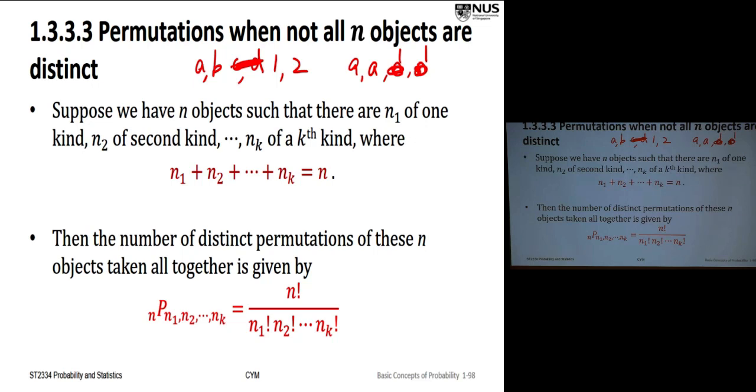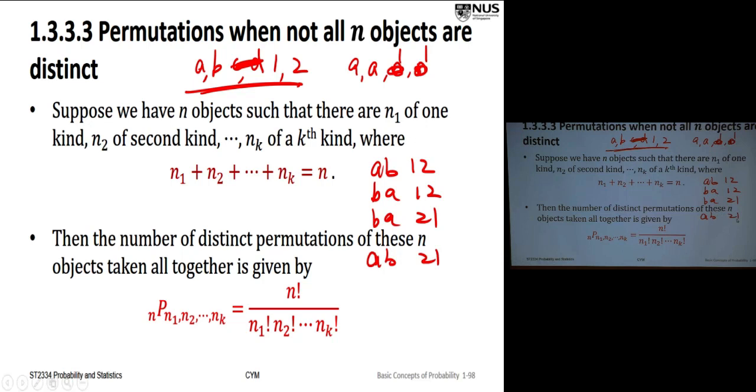So they are not distinct. Two of them are alphabets, two of them are numeric. So how many ways can we arrange it? This one, we have 24 ways to arrange. Let's say this one is a particular one, this is another way, this is a third way, and this is the 4th way, 5th way, A2, B1.